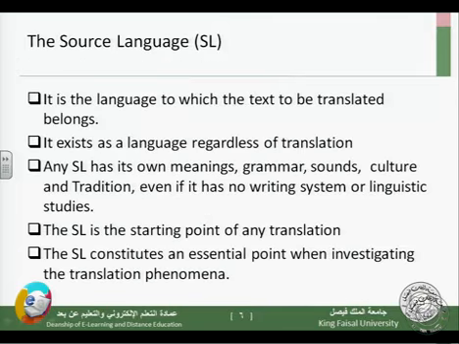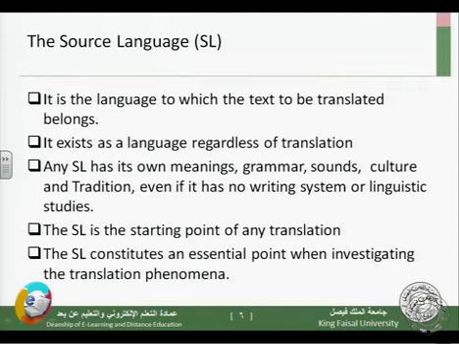Let's take number 1, the source language. The source language has the initials SL. So whenever you have SL in a translation textbook, it means the source language. What is the source language? Now, I would like you to agree with me that we have examples of Arabic and English.